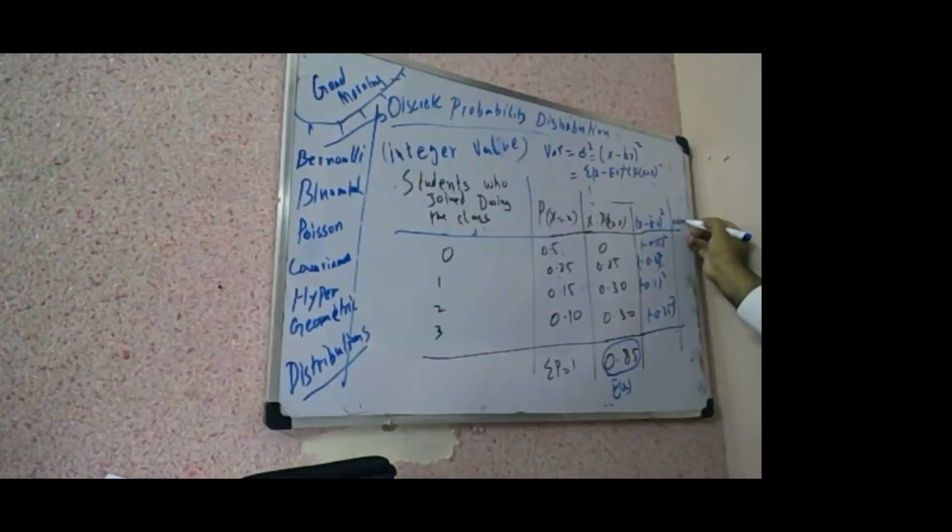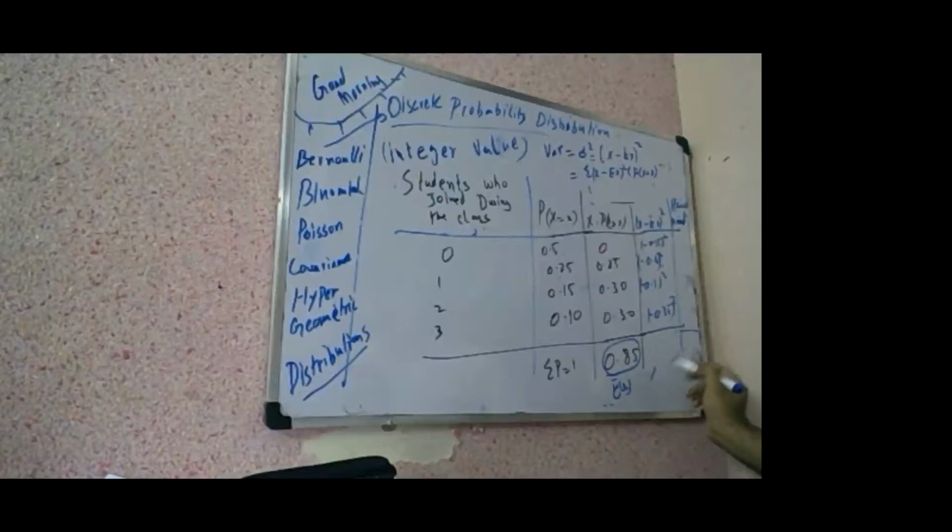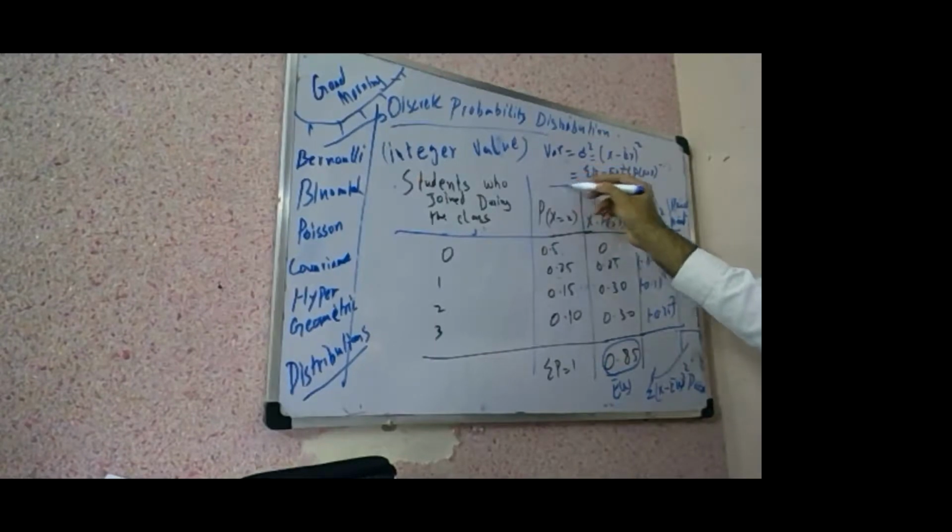x minus expected value of x square into p of x equal to x. You can get it, and the summation you will get from here. And that will be our variance.